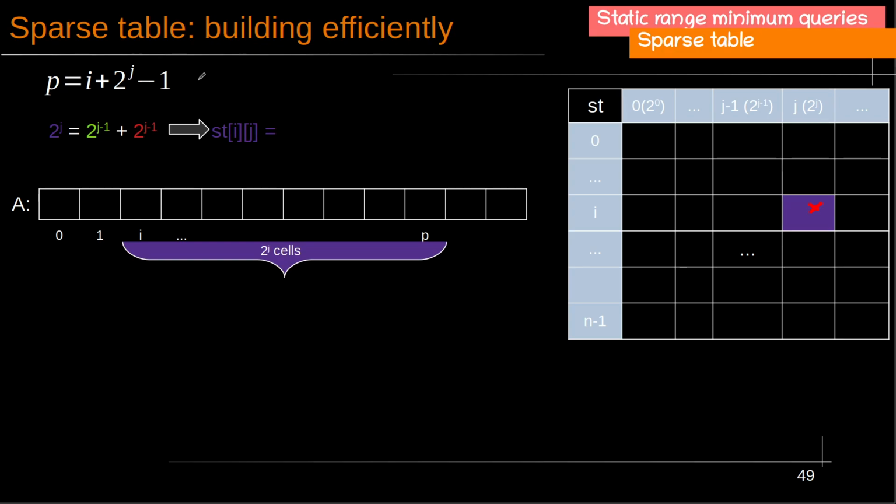So we're going to take 2 power j cells from i to p, which is St ij, which is equal to, we can use these two values here to compute f, or the minimum, where f is equal to min.